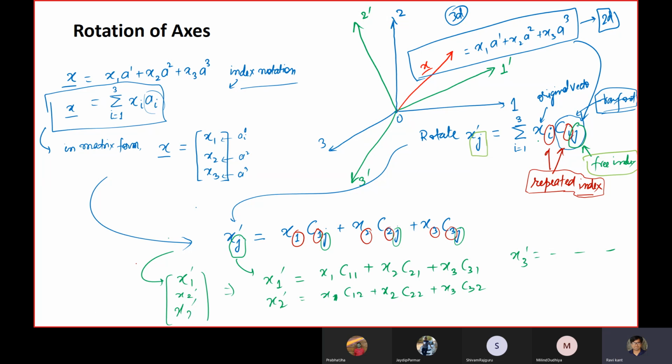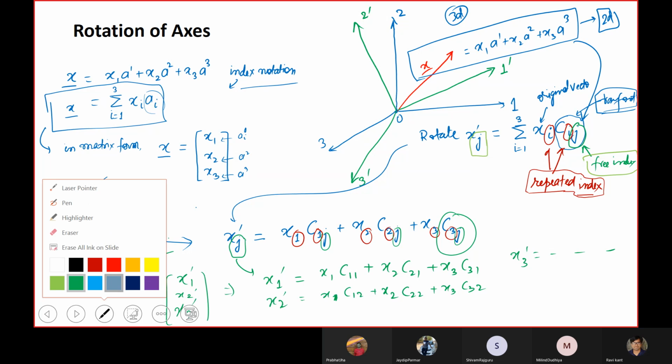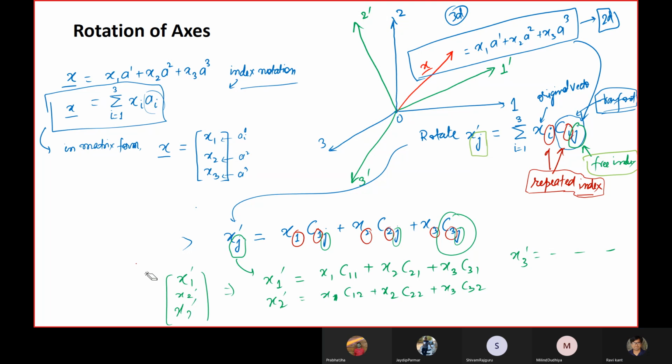Now so far I have not talked about what C is. C_ij is essentially the cosine of the angle between the original or old subscript and the new one.